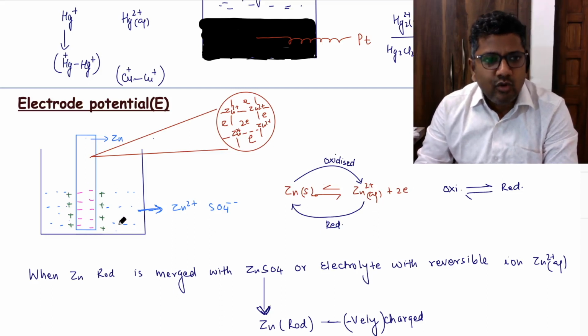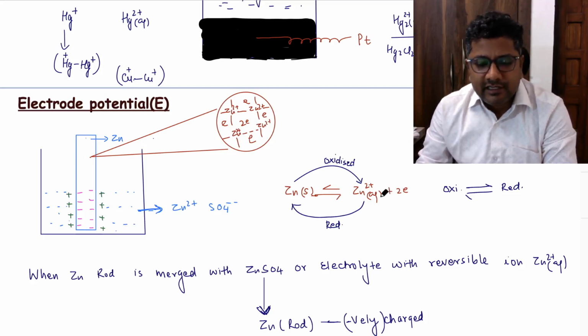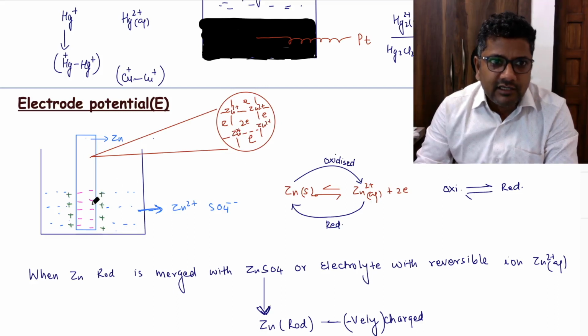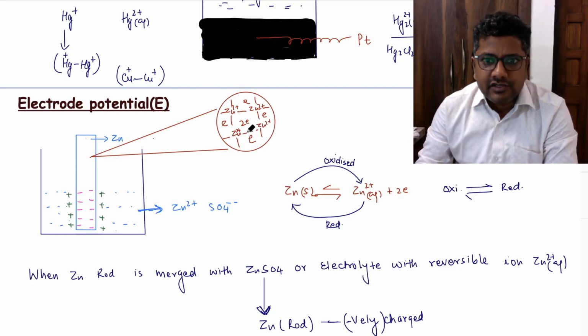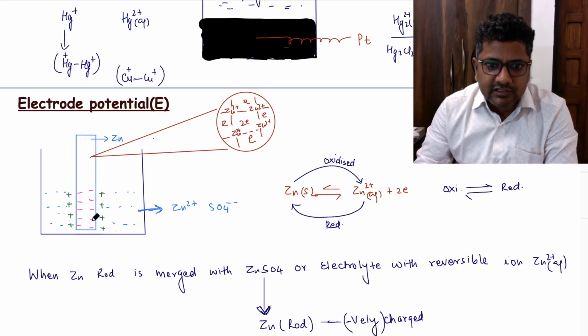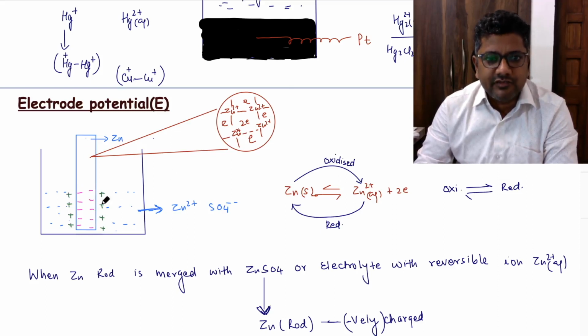So more and more zinc ions will come. See, more and more zinc ions were coming into the solution, compared to fewer zinc ions going to the rod, as a result of which electrons are left at the rod and Zn2+ is in excess in the solution.